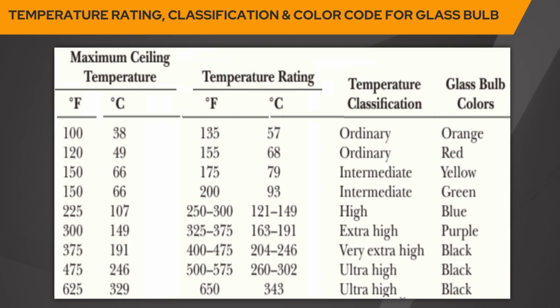If the maximum ceiling temperature is 107 degrees centigrade and the temperature rating is 121 to 149 degrees centigrade, the classification is high and the glass bulb color shall be blue.